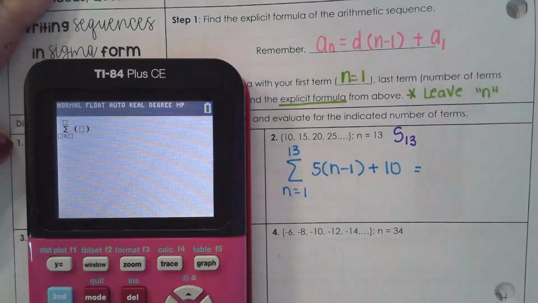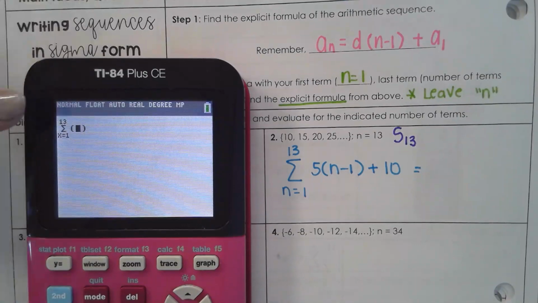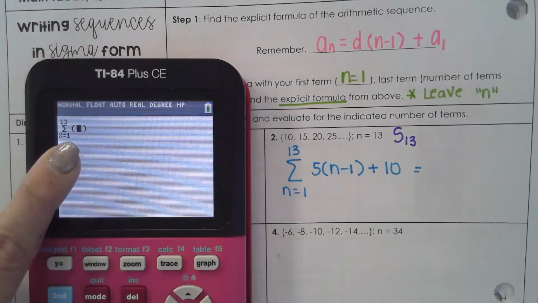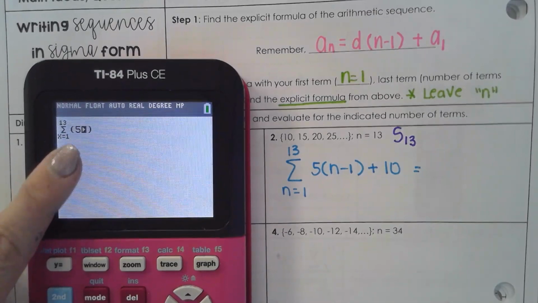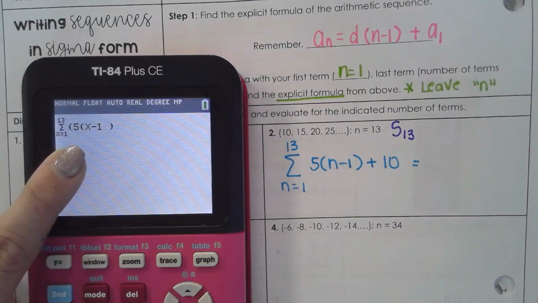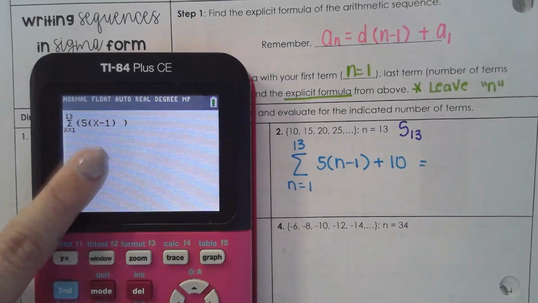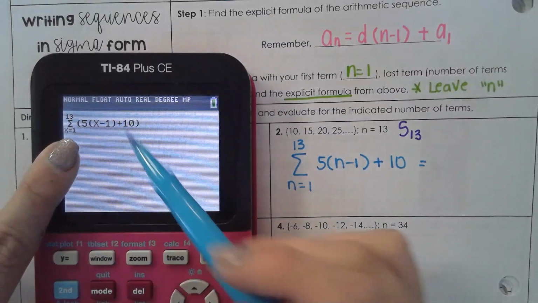Math 0. So when I get over here inside the parentheses, I'm going to type 5 and then new parentheses, x minus 1, close them, and then do plus 10. Those outside parentheses have to stay there.